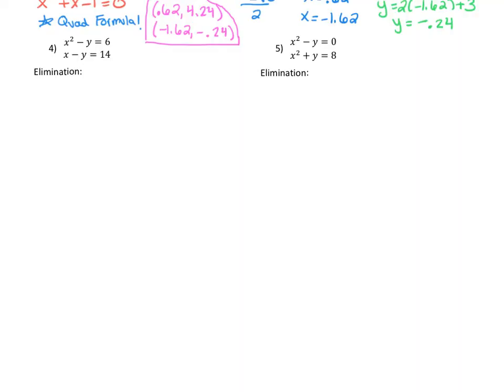All right, and number 4, we're going to use elimination. The reason we're going to use elimination is because we can kind of see that my x's and y's are already kind of lined up. So this actually works really nicely to do elimination. So if I have x squared minus y equals 6, I have x minus y equals 14.